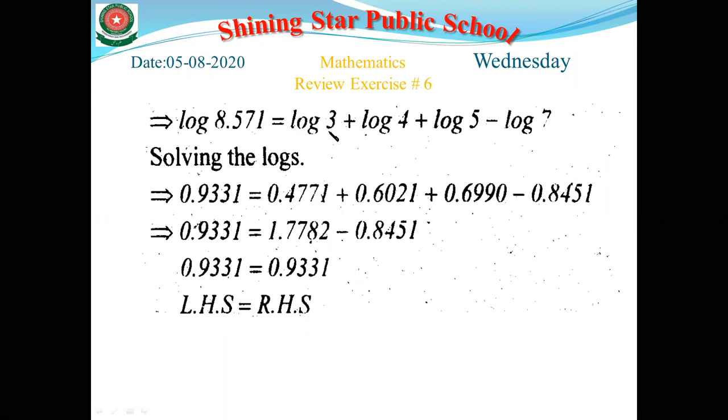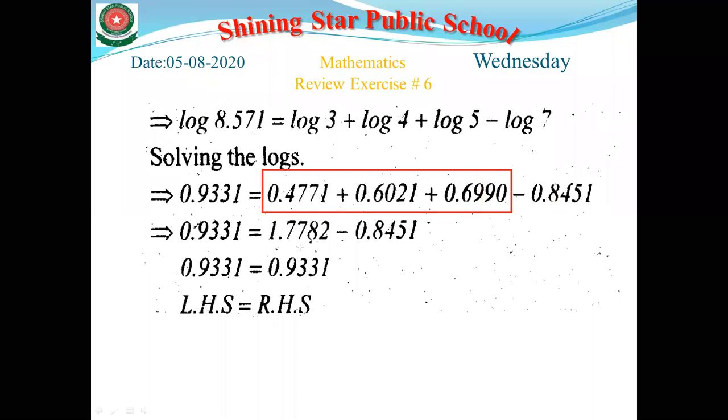Now log 3 is 0.4771, log 4 is 0.6021, log 5 is 0.6990, log 7 is 0.8451. Now we will add the first three numbers.